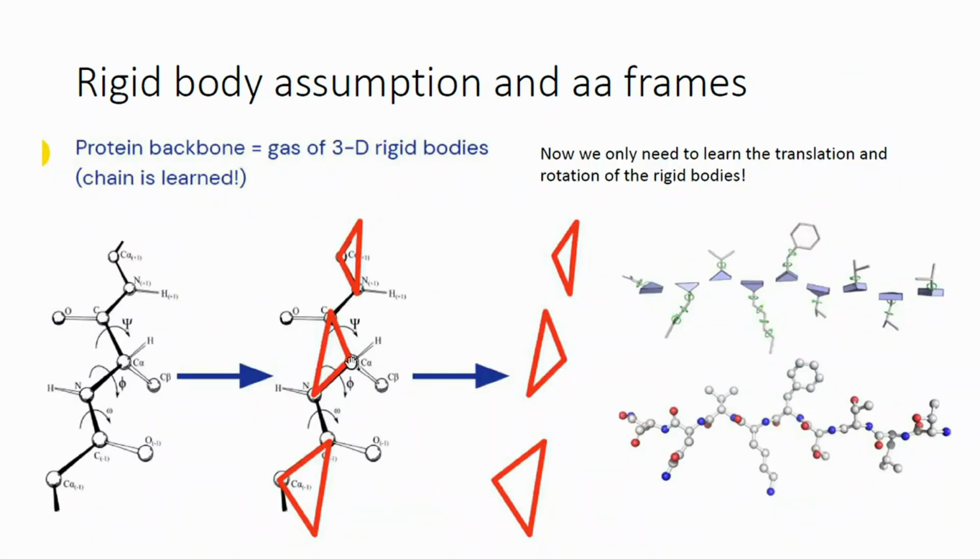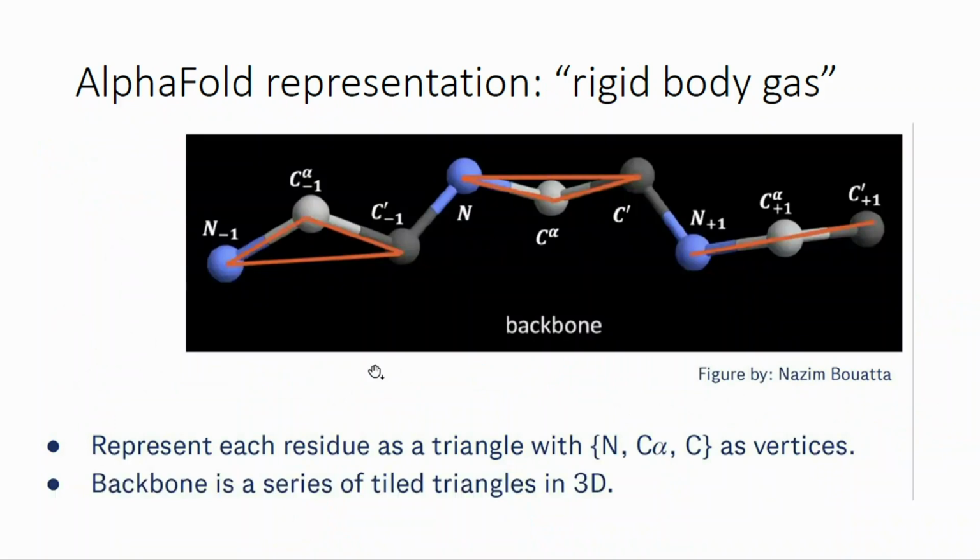Basically, the origin is always at the C alpha, and you could define the i, j, k, the 3 orthonormal axes, from the C alpha carbon and the 2 bonds pointing out of the C alpha carbon. And by having these triangles, we consider this.